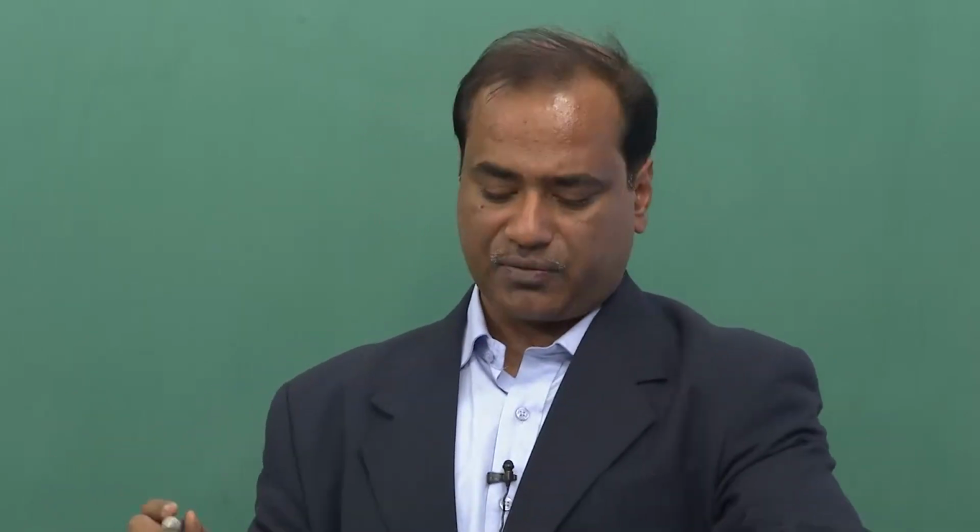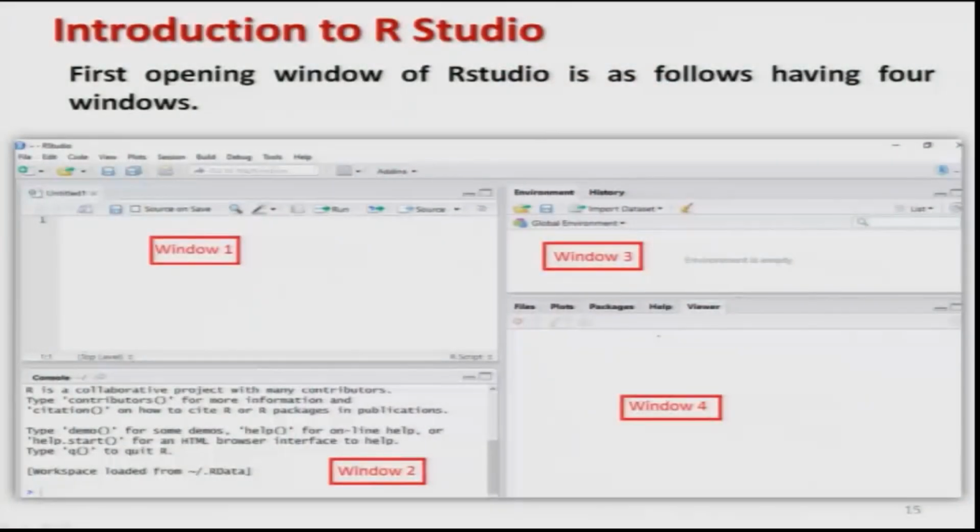You have seen here we have 4 windows. So I am calling this window 1, this window 2, this here window 3, and this here window 4. Right. And now let us try to understand the information provided by each of the windows one by one.